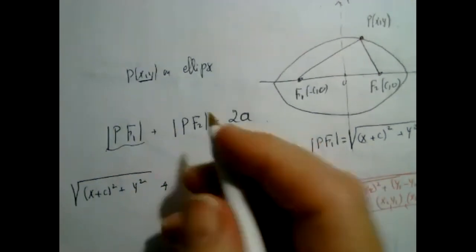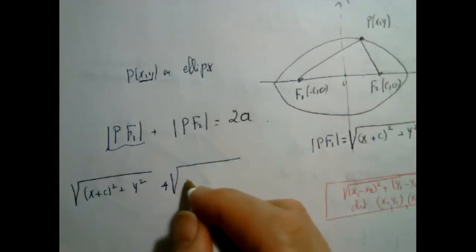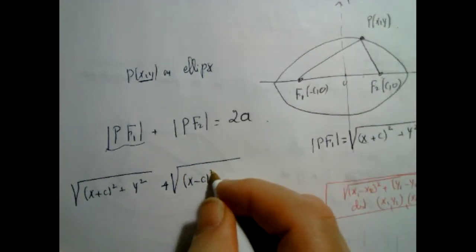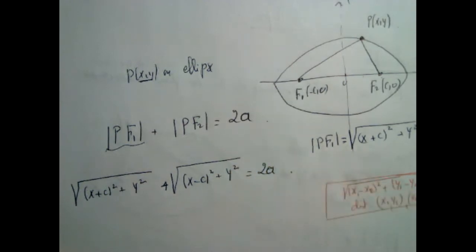Now, the distance from P to F2 is the square root of x minus c squared plus y squared, and the sum is equal to 2a. Now what I'm going to do is manipulate this algebraically, a lot, to find a nice relationship between x and y.